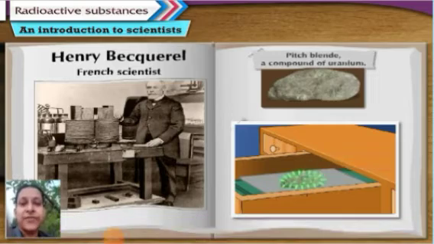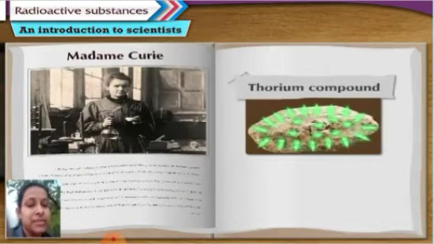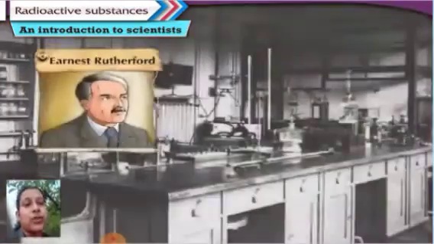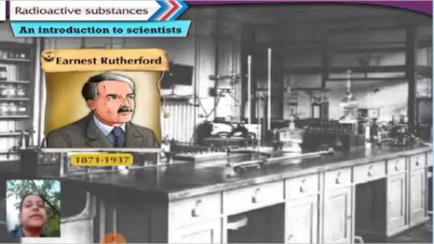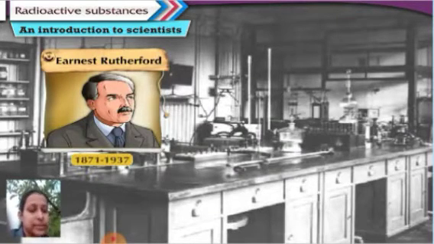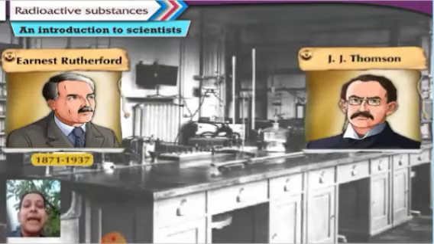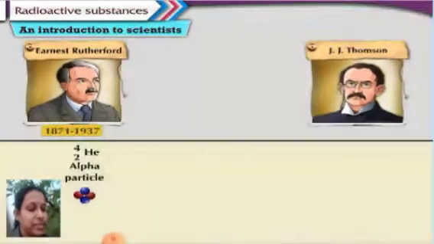Later on, after a few days, even Madame Curie discovered similar properties in the compounds of thorium. Then Ernest Rutherford, 1871 to 1937, a scientist from New Zealand, studied under the guidance of J.J. Thomson at the Cavendish Laboratory at Cambridge and McGill University, Canada.